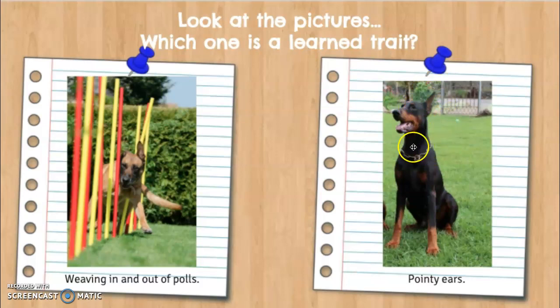So this is another non-inherited trait because the dog acquired this trait since its owners cropped its ears. That means they made the ears stand up by having surgery. So these pointy ears are another non-inherited trait, but this is an acquired trait, not a learned trait.